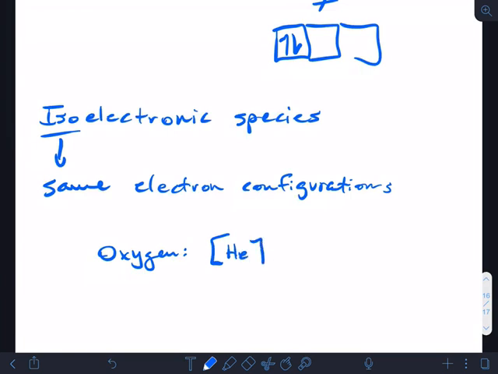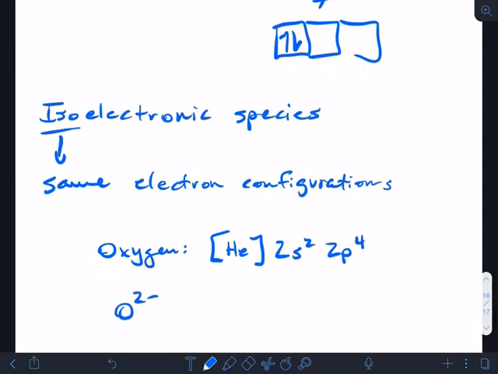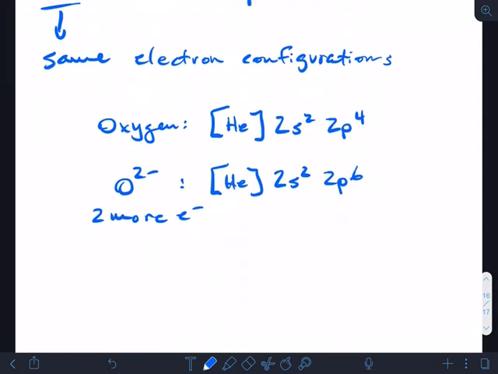Okay, so its electron configuration would be helium, the noble gas above it, and then 2s2, 2p4, right? Now what about O2 minus? Okay, if I'm 2 minus, then that means 2 more electrons, right? So if I write the electron configuration for O2 minus, 2p6, right?